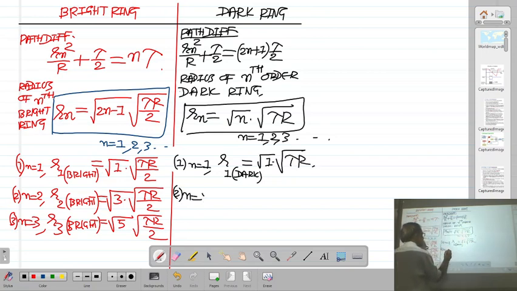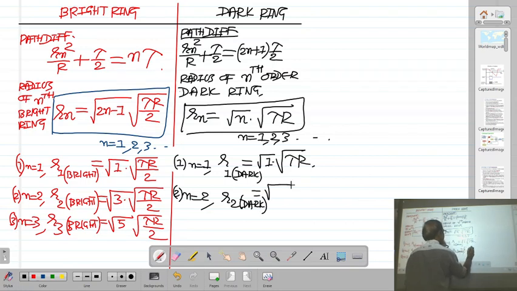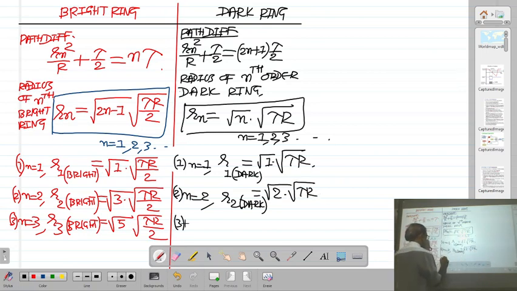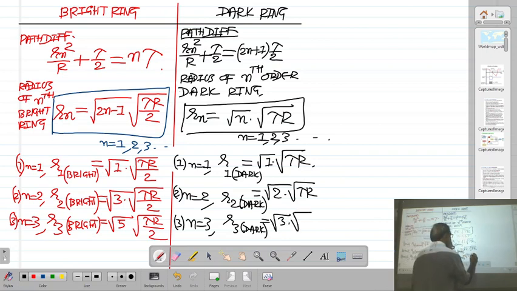Similarly, for the radius of the second dark ring, we put n is equal to 2. So n is equal to 1 means first dark ring, and for the second dark ring, n is equal to 2. So the radius of the second dark ring is R2 is equal to under root 2 into under root lambda, and the radius of the third dark ring is under root 3 under root lambda. 1 is an odd number, 2 is an even number, 3 is an odd number, 4 is an even number.